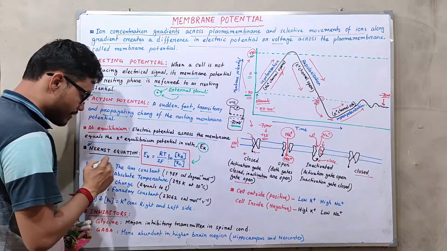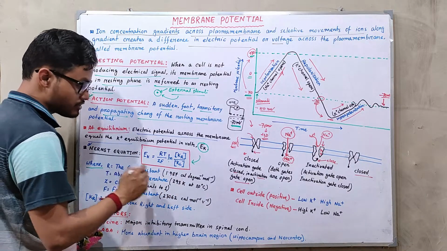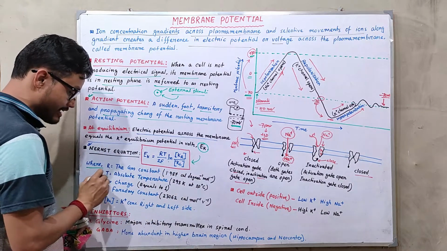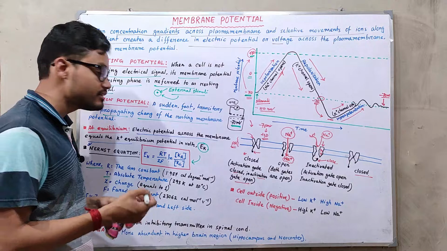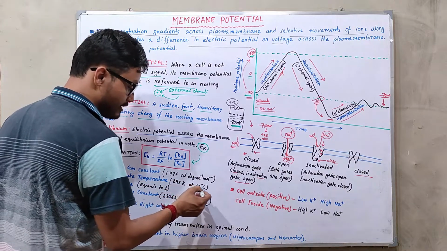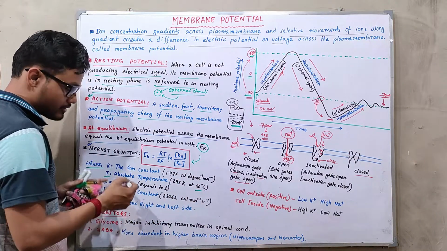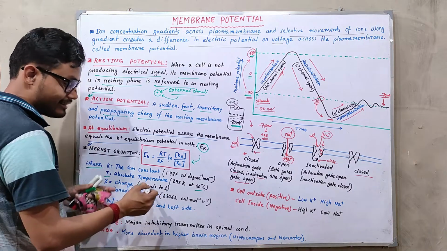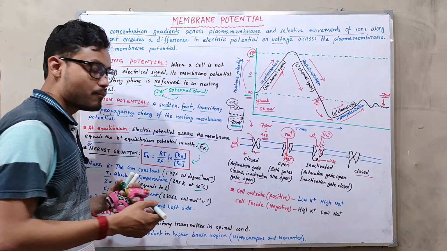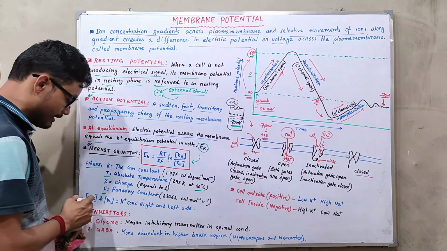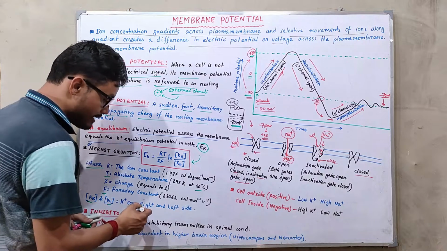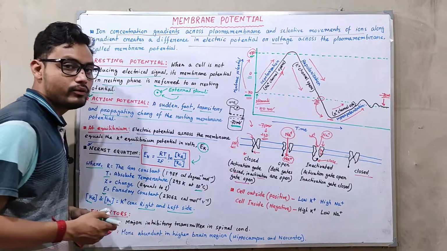That means R stands for the gas constant, that is 1.987 calorie degree inverse mole inverse. T stands for absolute temperature, that is 293 Kelvin at 20 degrees centigrade. Z is for the charge, that is equal to 1. F is considered as the Faraday constant, that is 23062 calorie mole inverse V inverse. And Kr and Kl are the concentrations of K plus ion on the right side and the left side of this equilibrium state.